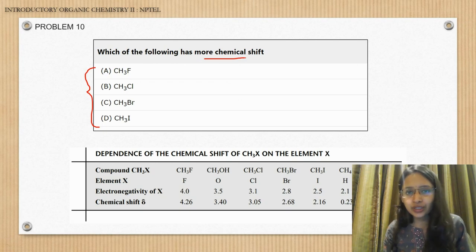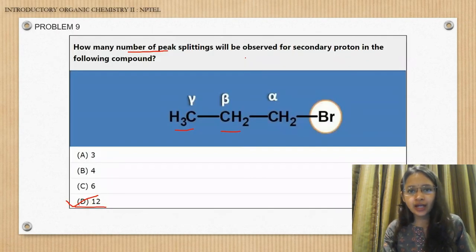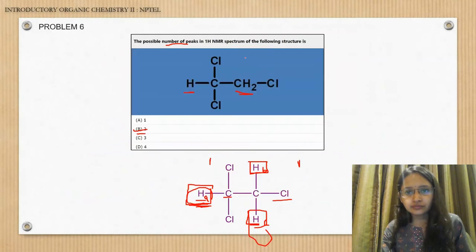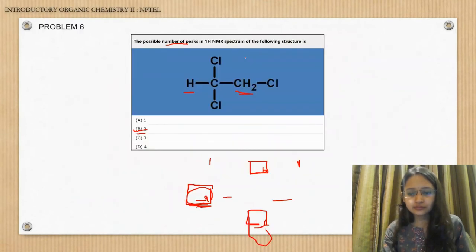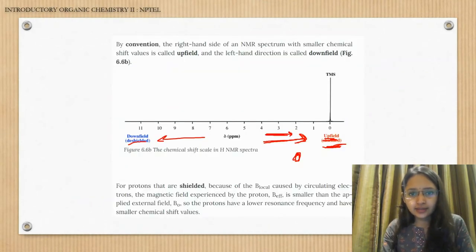Okay, because in that case we have seen this delta ppm value, right? So they are asking which of the following has more chemical shift. More chemical shift means that as we go to the left-hand side, the chemical shift value is increasing, so we are going to have a deshielded proton.